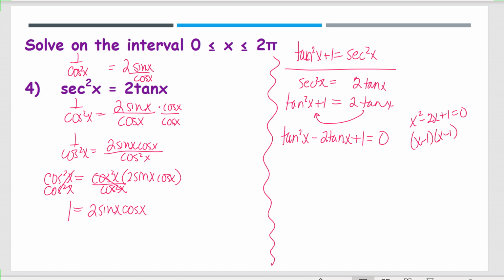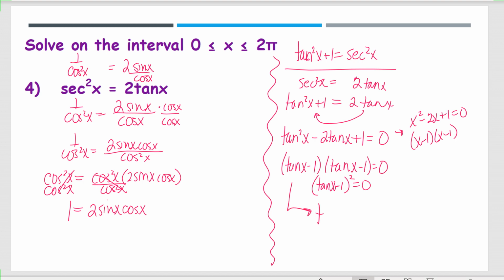So if I know my factors in terms of a quadratic are x minus 1 quantity squared, or x minus 1 multiplied by itself, I can change these factors in terms of tangent to be tangent of x minus 1 multiplied by tangent of x minus 1. And again, you could write that as tangent of x minus 1, the quantity squared, equal to 0. Whichever way, it doesn't matter.